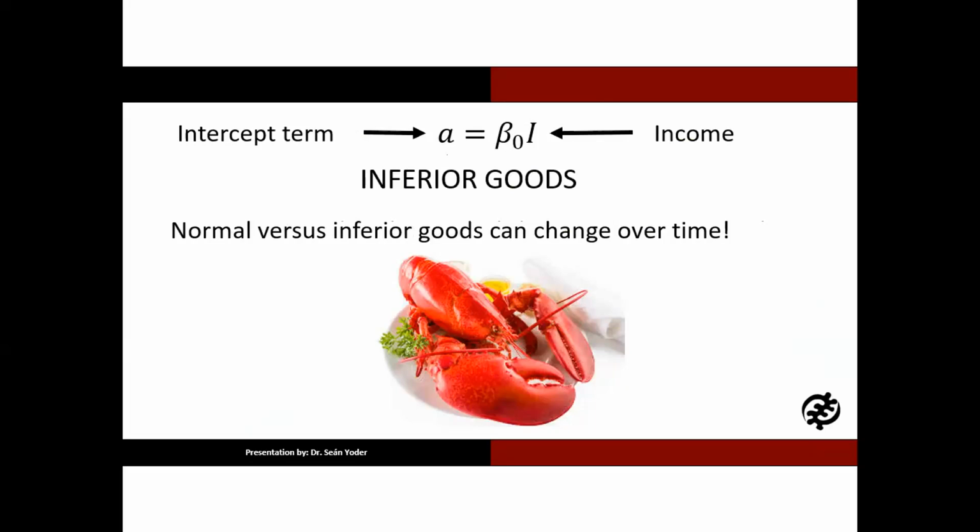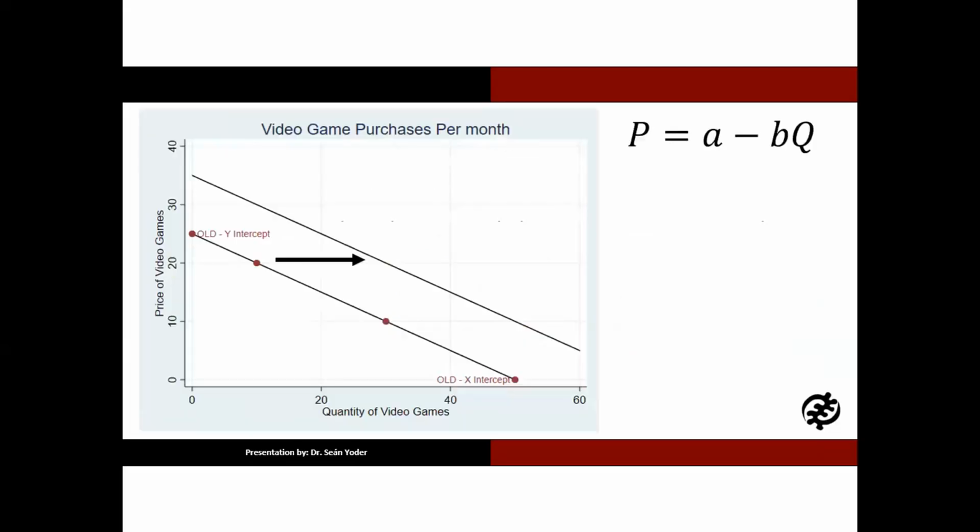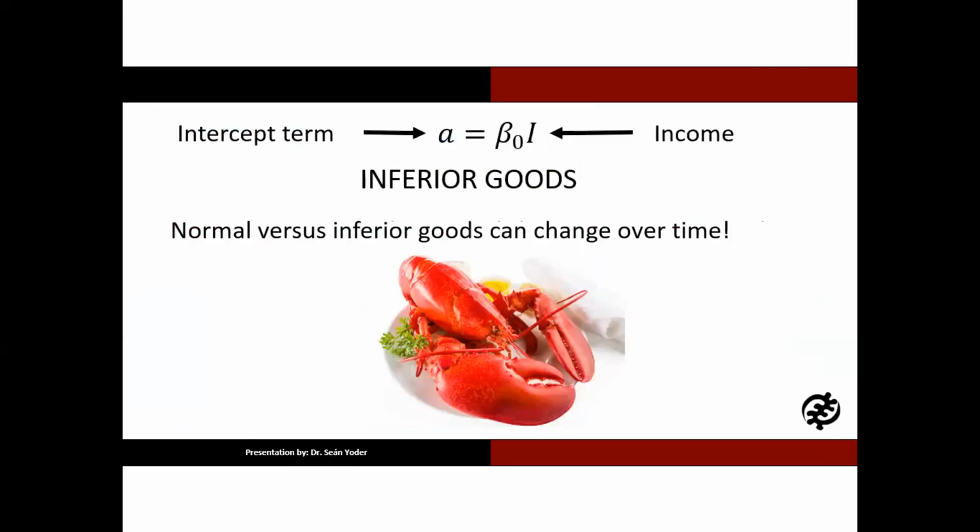But I want you to think about businesses for a second. So let's take this idea of an inferior good and let's extrapolate this. Here in Salem, we've got stores called Dollar Tree or Dollar General. So think about it for a second. If everybody in the Salem area was suddenly making $100,000 a year of income, what do you think would happen to sales at Dollar Tree or Dollar General?